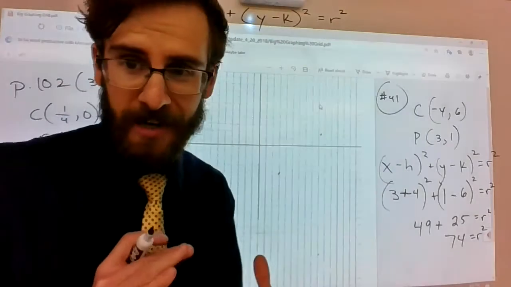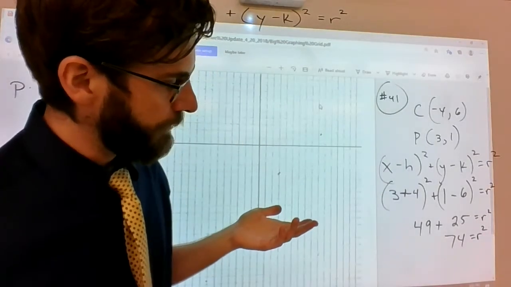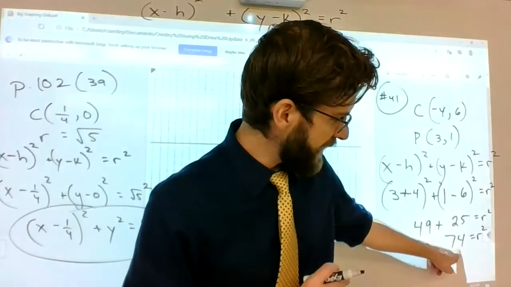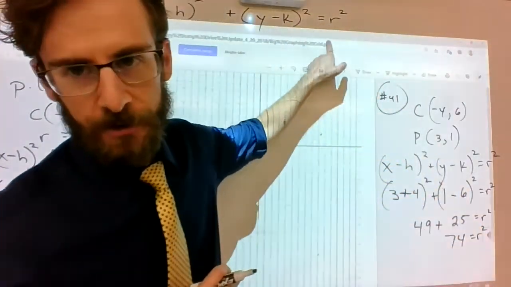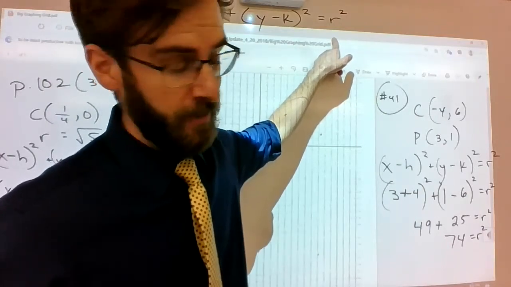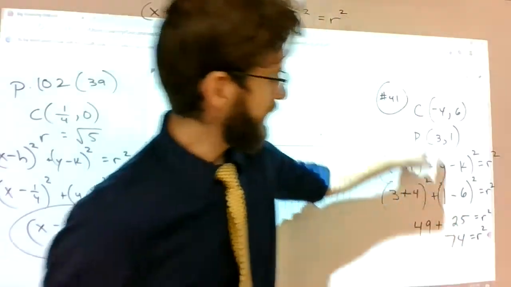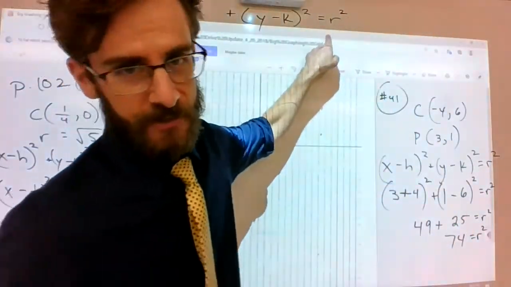So all I'm doing right now is I'm saying, if I know the radius is √74, you know what? I can just plug in 74 for r squared. See, r squared's in that formula. I don't have to go and say that r equals √74. I can just be like, hey, see that? It's right there. It equals it. Put the 74 in place.